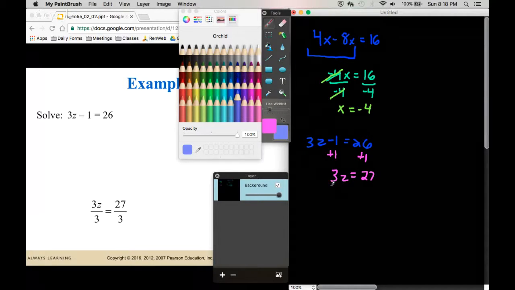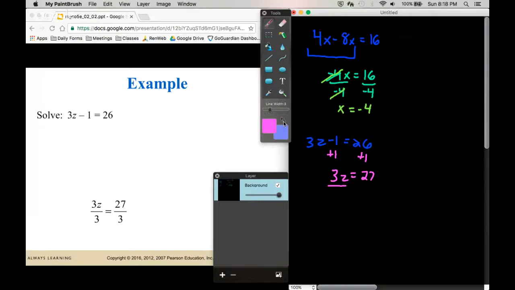Then you go over here and you divide both sides by 3. Okay, your 3's cancel out over here, and you're left with z equals 27 over 3. Can this be reduced? Well, how many times does 3 go into 27?